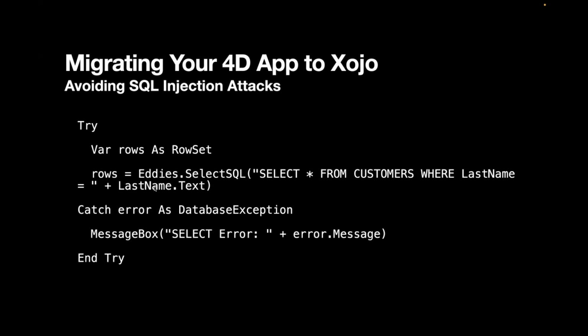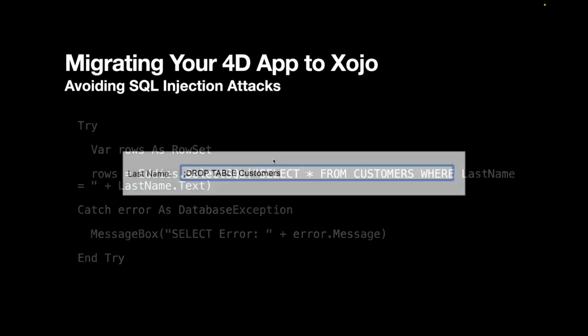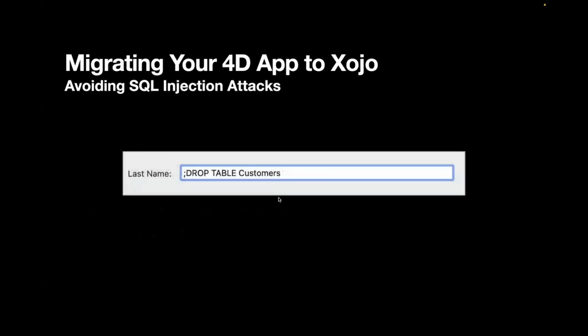So imagine you've got a field on a layout and it's called last name. I'm just taking their last name and adding that to my query, right? Well, with this exact code, because you're just appending it to the SQL call, a user could type this, right? And what would happen is that would append a semicolon, which ends the SQL call, the select, and then would call drop table and delete your table. So you don't want that.